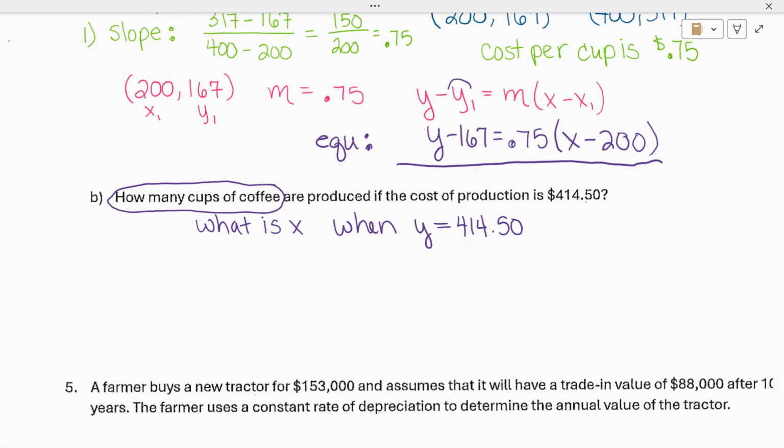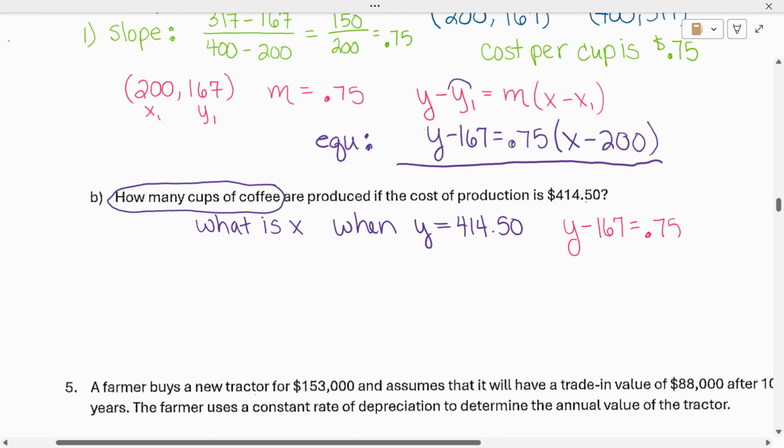We are going to take this equation, y minus 167 equals 0.75 times x minus 200, and we are going to let y equal $414.50.